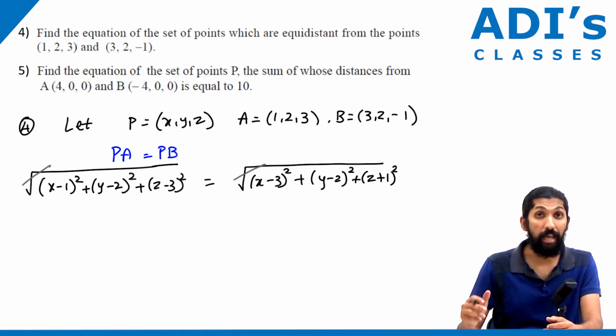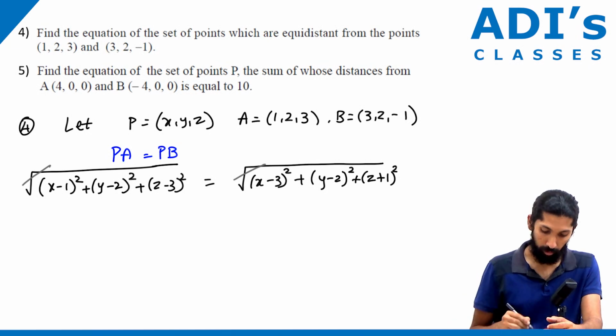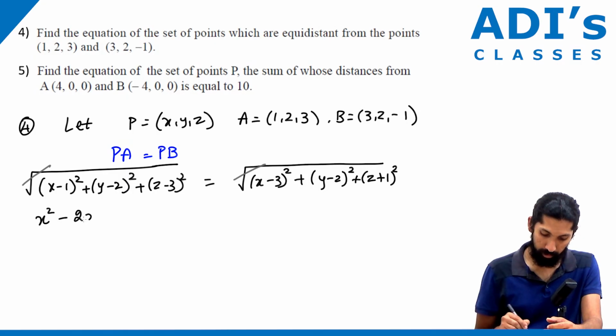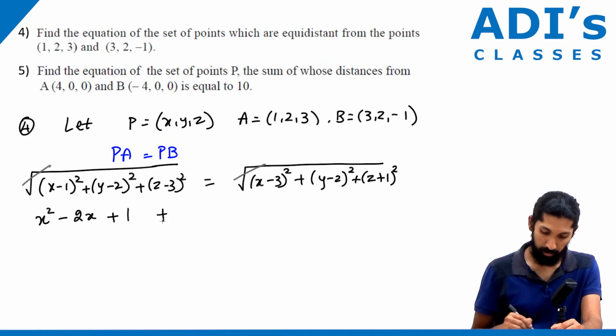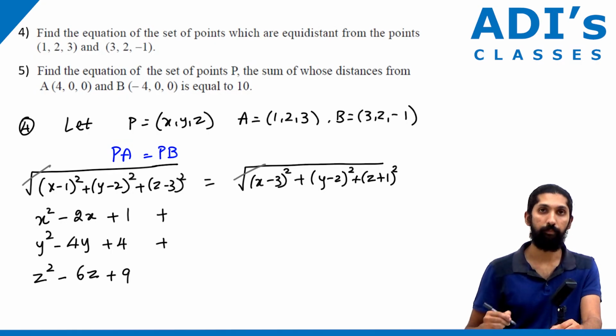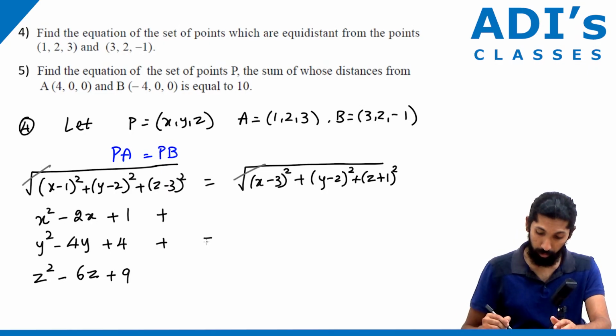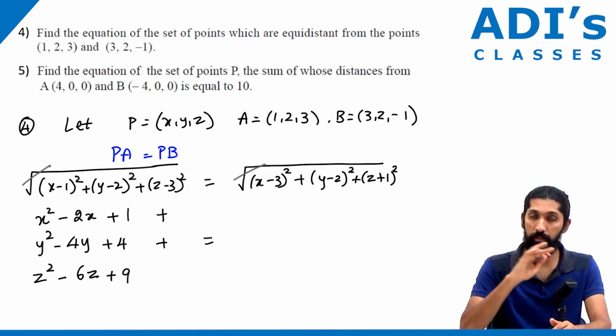Correct? So, let's expand this one. Just normal expansion, nothing else. Now, you are going to have x square minus 2x plus 1, first part, plus y square minus 4y plus 4, plus z square minus 6z plus 9, correct, is equal to, on the right hand side, again just expand, nothing more, nothing else.